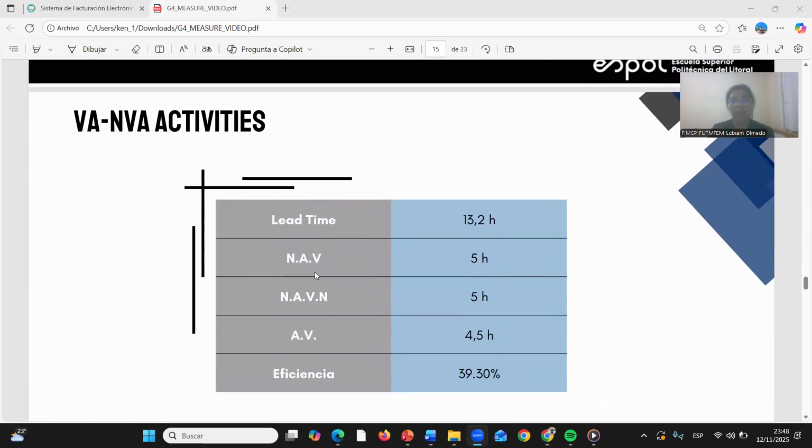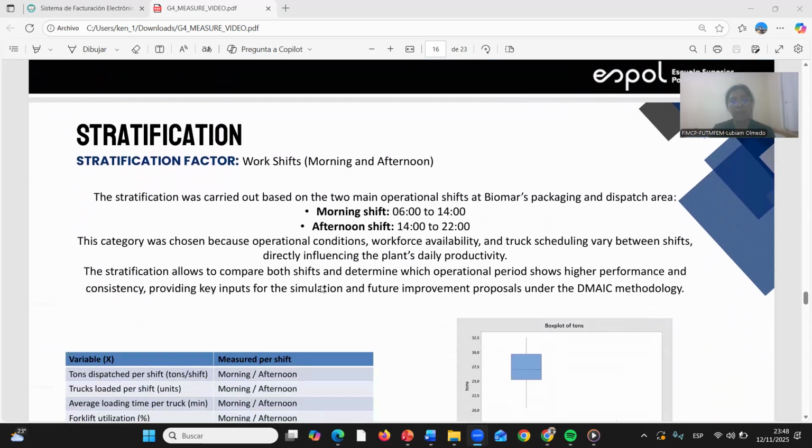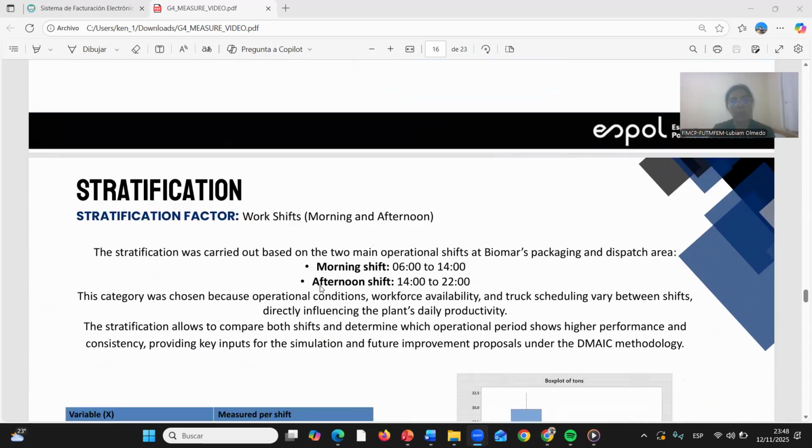This analysis shows a total lead time of about 13.2 hours, but only a fraction of the time truly adds value for the customer. Around 39% of the time is value-adding, and the rest is non-value-added or necessary but non-value-added. We confirm that there is room to improve efficiency.